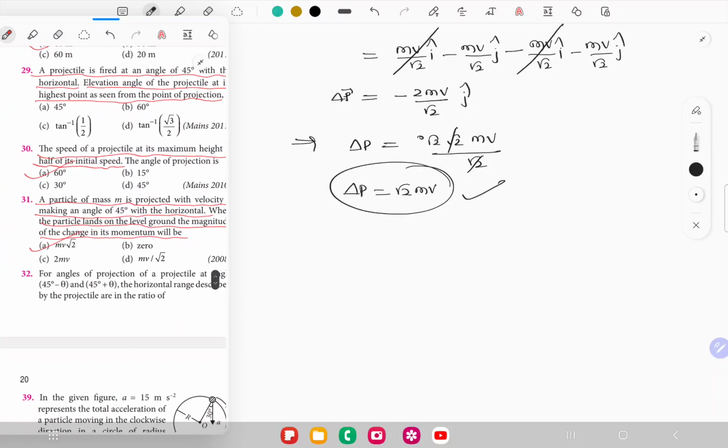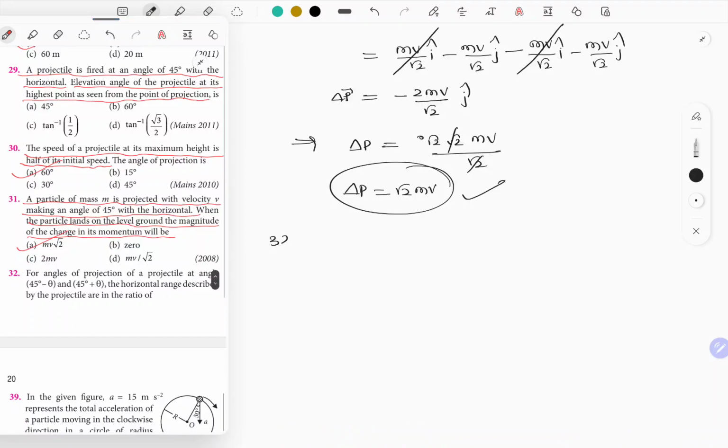So question 32. Before solving this, let me give you one hint.